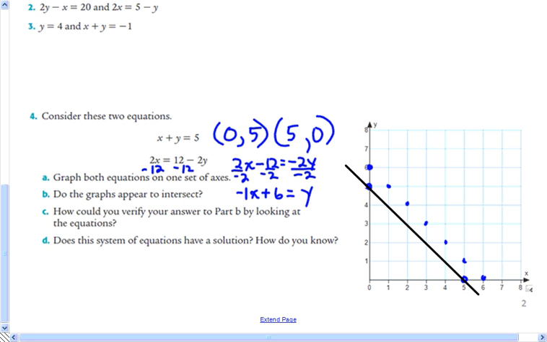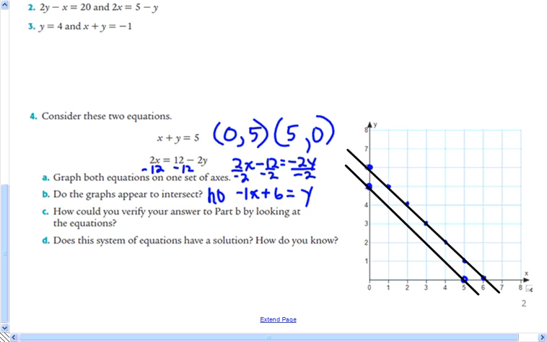All right. And then, if I put a line through those, does it appear that the graphs intersect? We're going to say no, it doesn't look like they intersect. How could you verify your answer to part B? By looking at the equations. Those lines appear to be parallel, and so if the equations both have the same slope, then we know they're parallel.